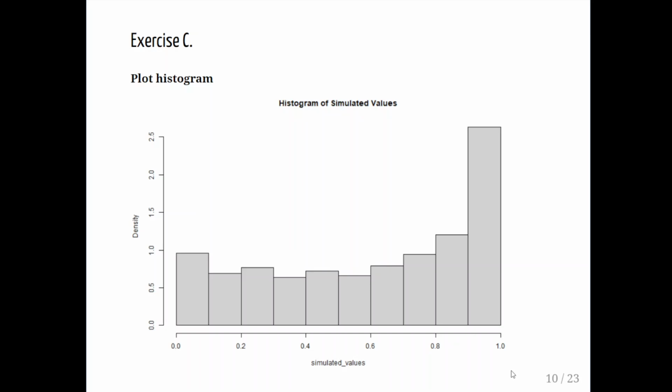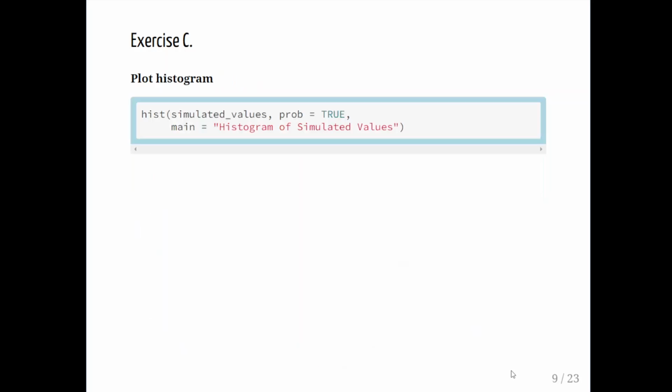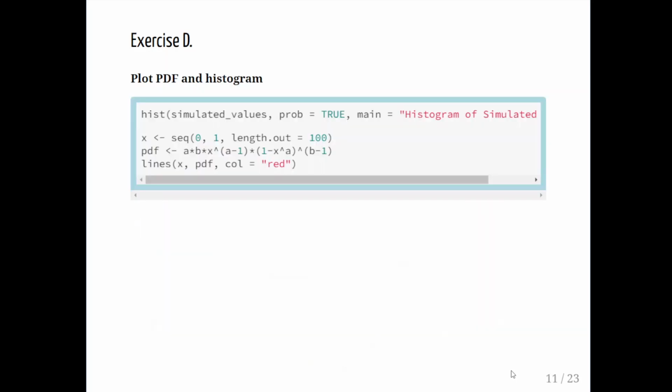So the next part is plot the PDF and superimpose it on the histogram. The first line there is just a repeat of what we did for the previous exercise, nothing major, just a histogram. But what we're going to do is superimpose the probability density function over it.